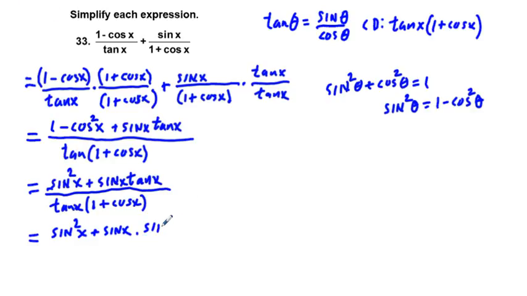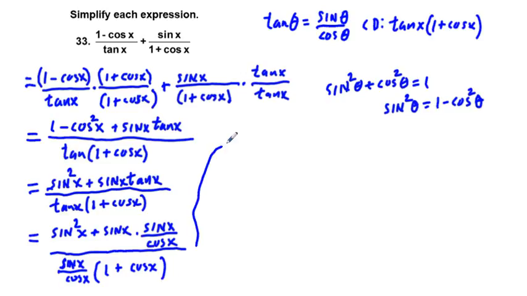And in the denominator, we have tangent x rewritten as sine x over cosine x times quantity 1 plus cosine x.